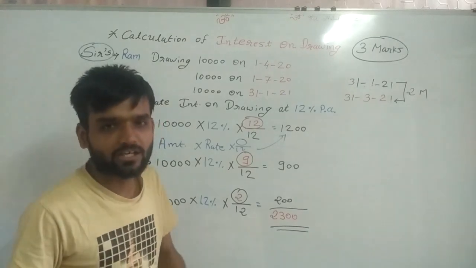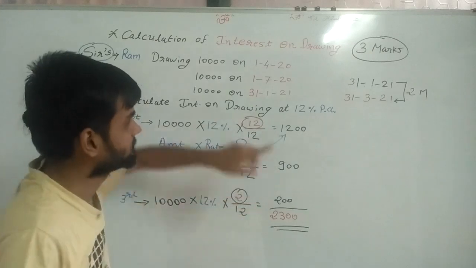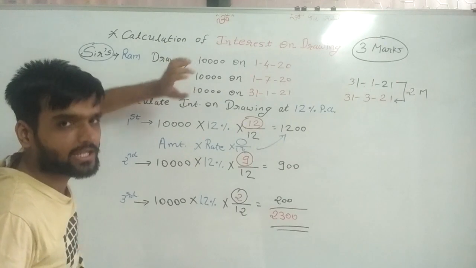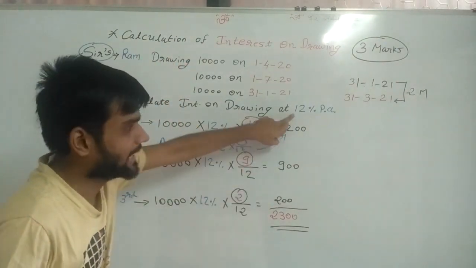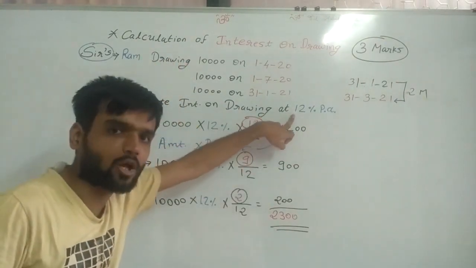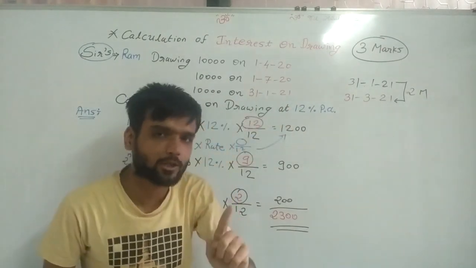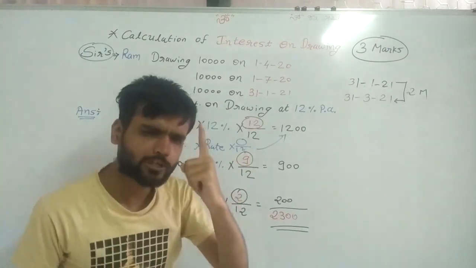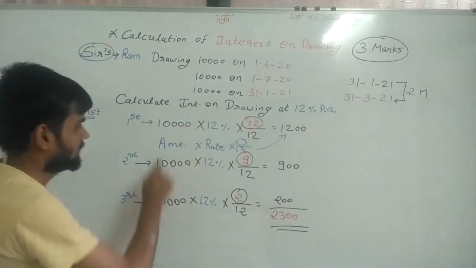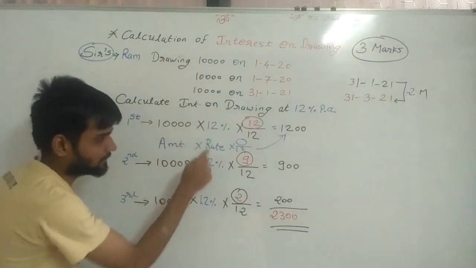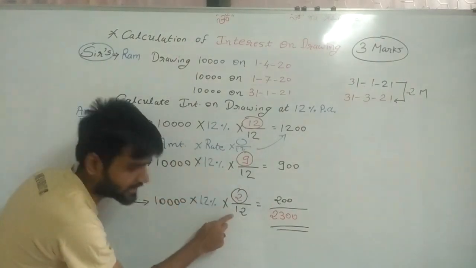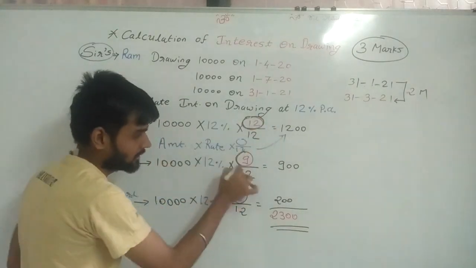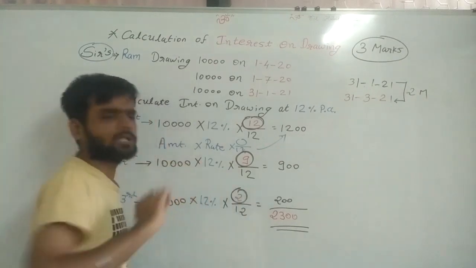So I am clarifying, check two things: the dates are changing but the amount withdrawn is the same, and the percentage of interest during the year is also the same. Then you can calculate this sum directly in one calculation. How is it possible? See here. 10,000 same, 12% same, divide by 12 same. Only the months change: 12 months, 9 months and 2 months.